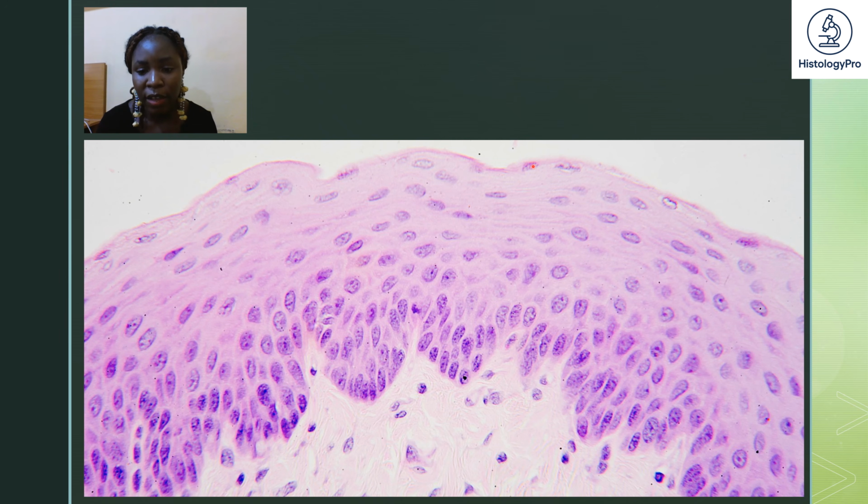Therefore, there is no onion layer in the non-keratinized type of epithelium. We can see the basal layer is still present, cuboidal to columnar. In the superficial layer, most are flat squamous cells, and they are in layers, all reaching the apical surface.